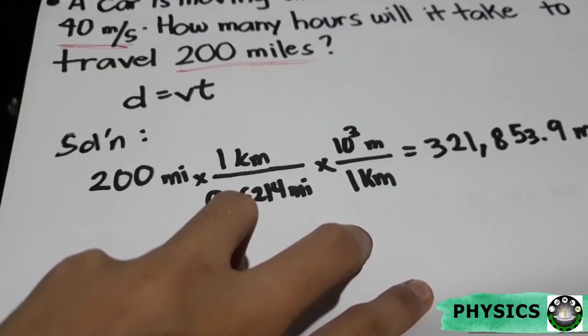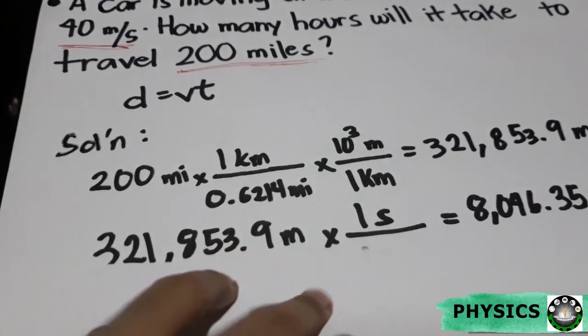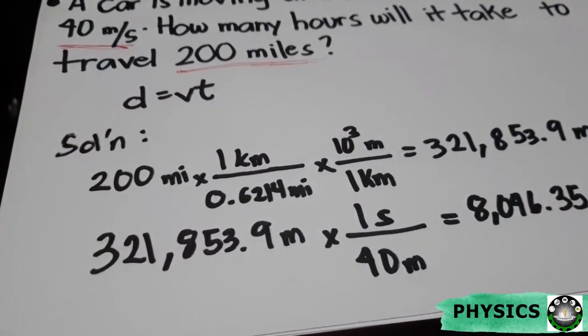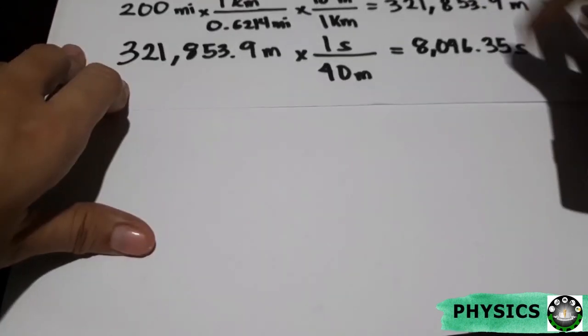So to convert it in the unit of time, seconds, we must divide this by 40 meters per second. So here we have 8,046.35 seconds.